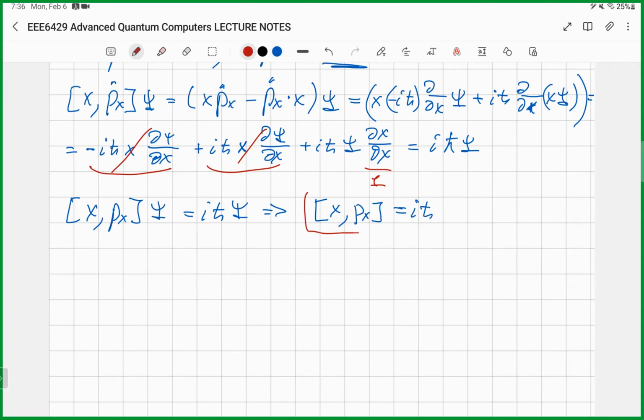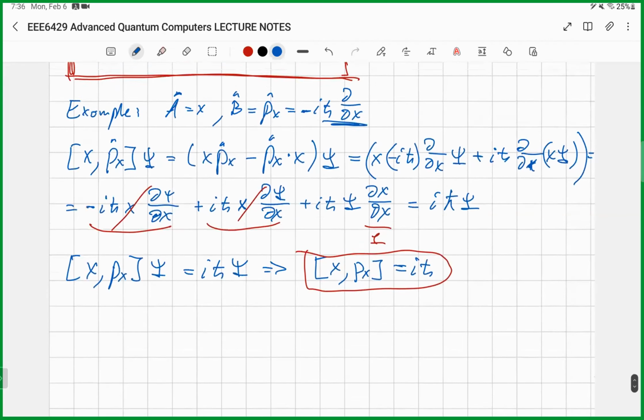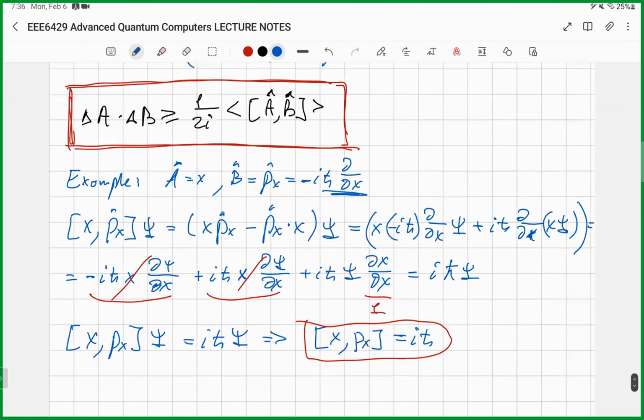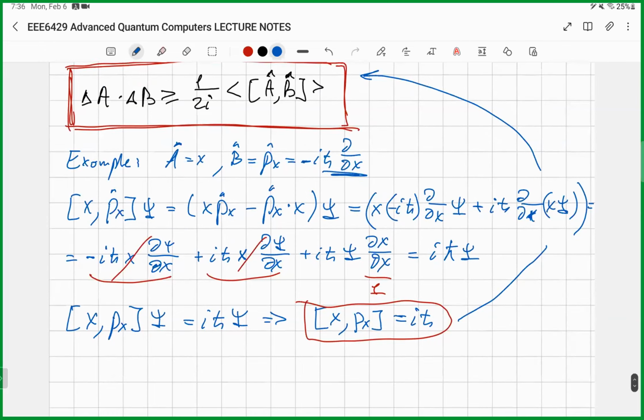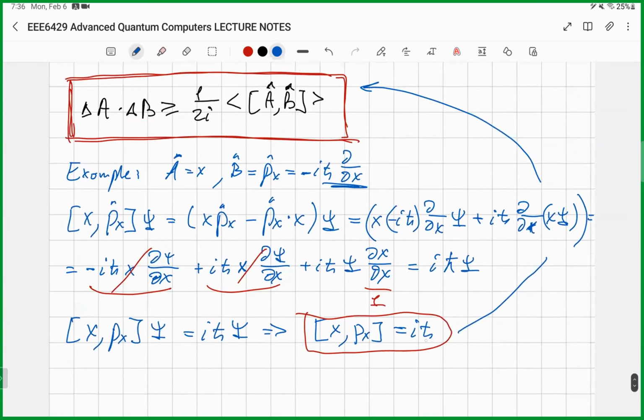This is a kind of remarkable result. So now I can go ahead and plug it in here. The expectation of a constant equals the constant, so I don't need to take the expectation value of i h.